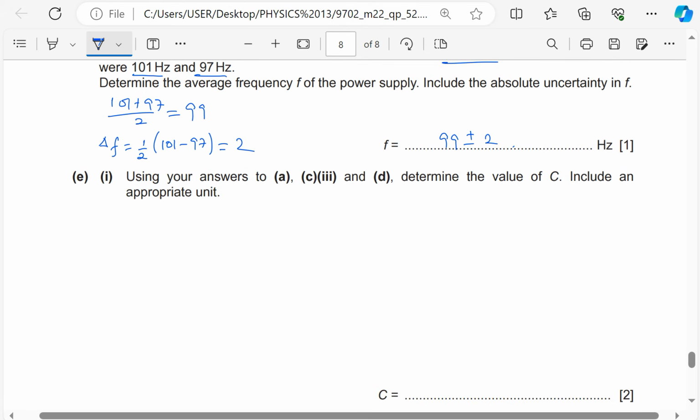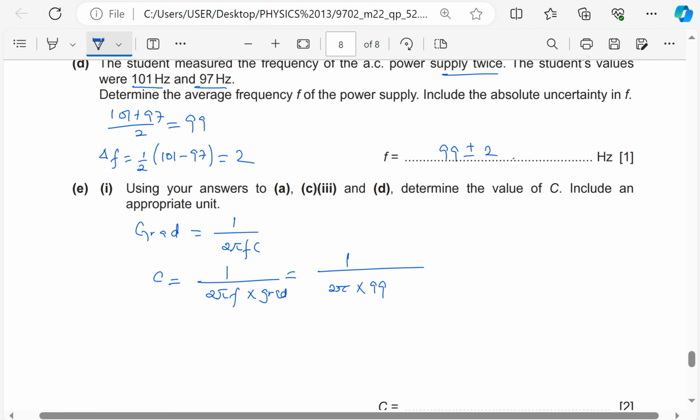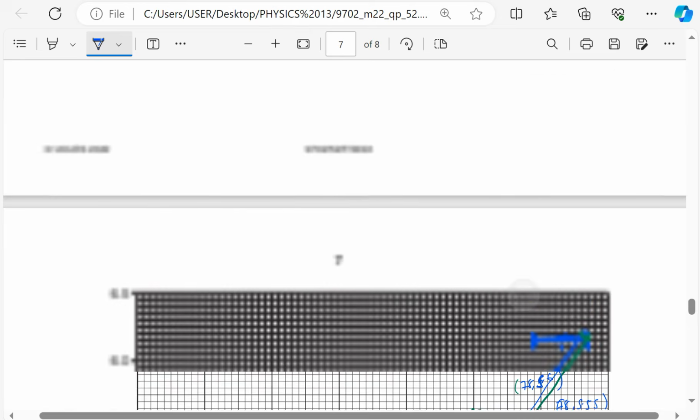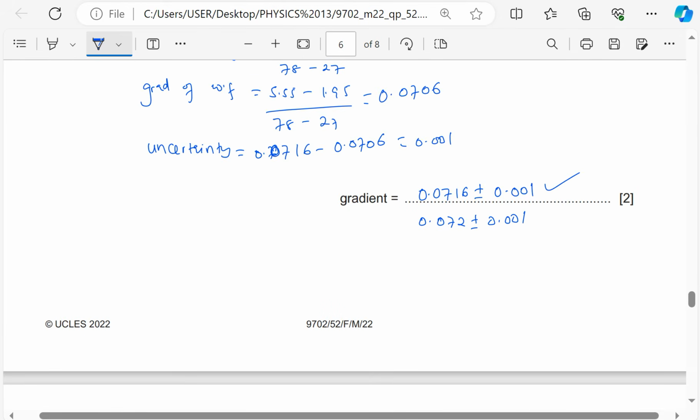So C would be equal to 1 divided by 2 pi f times the gradient, which is going to be 1 divided by 2 pi times 99, because we are using the answer in D, then the gradient is 0.0716.